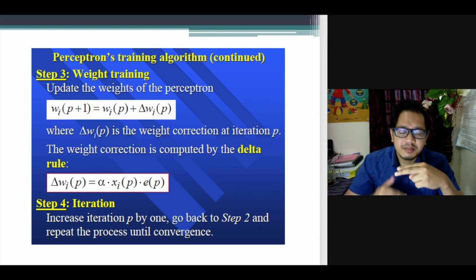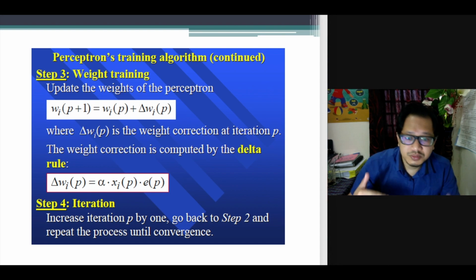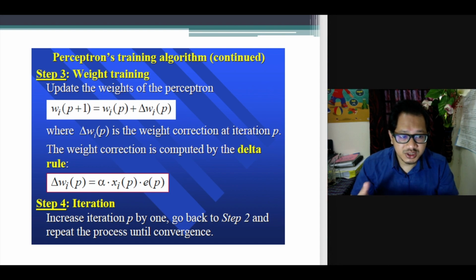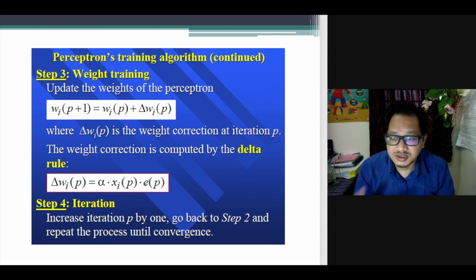Dia akan modify dia punya weight sampai output dia sama.